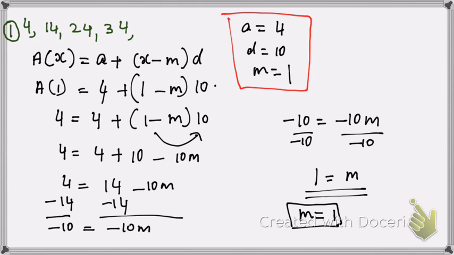So because you know the values of a, d and m, you can apply them in this equation, and you can find a of 5, a of 10 and a of 100. That's pretty simple. So let's do that. Let's go to the next slide and let's do that.